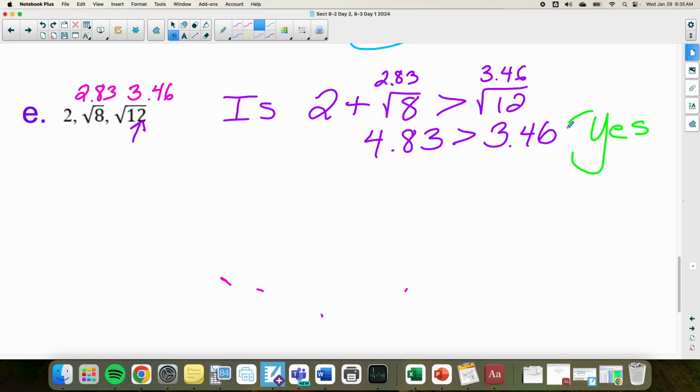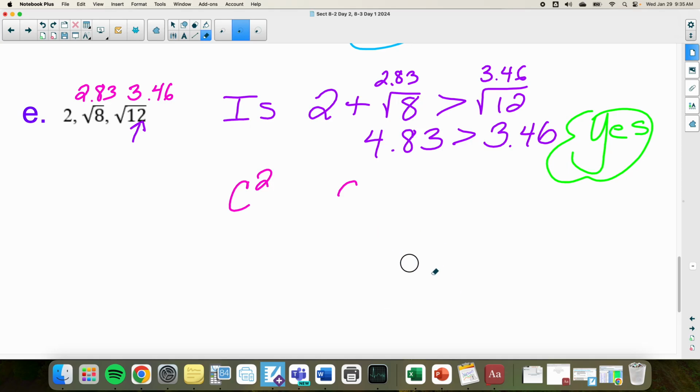Okay. Now we're gonna go down and do our c squared and our a squared plus b squared. Now c, when you get to this part, this is important, you can't use these estimated values, because if it was a right triangle, you wouldn't see it.